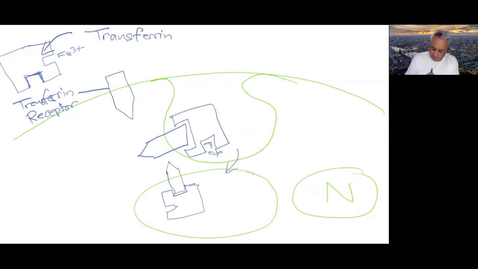So we simply move from here to there. So the system travels in that direction. Once the vesicle has been internalized, the iron is released. And the iron, in a way that's not important right now, is then moved into the cytosol. So now we have iron inside the cytosol.